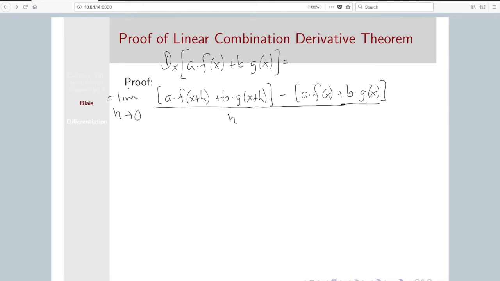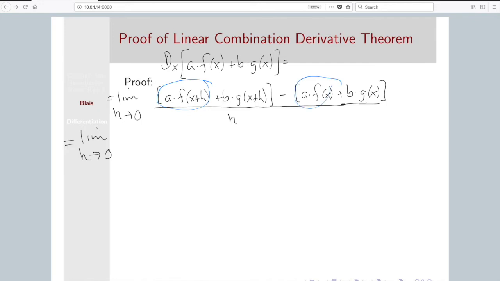Now, we regroup things, rewrite things a bit. So this is the limit as h approaches 0. We're going to group things in terms of these constants. So we first see that we have terms involving a. So let's put those together.